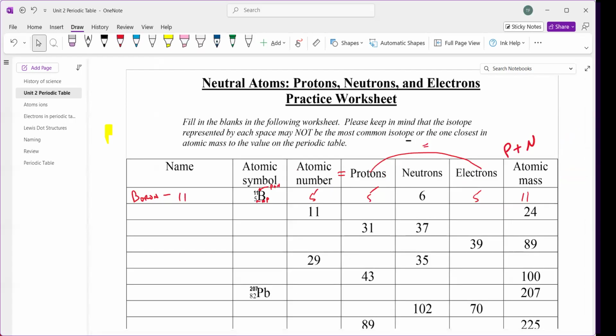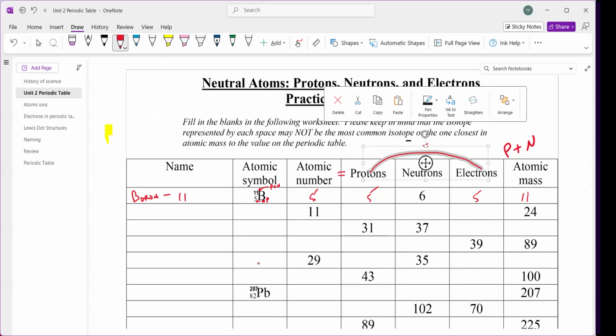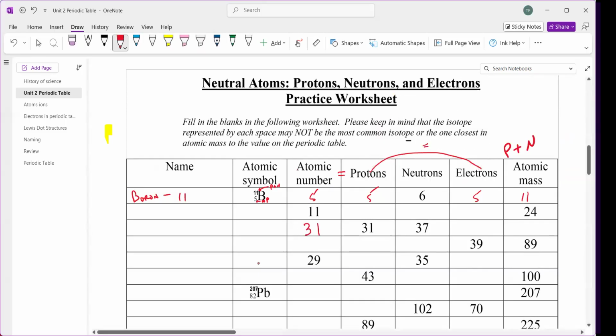Okay, so let's just choose one. Let's do 31. This one here. What's the atomic number for this one? What's the atomic mass? 68. So 31 plus 37 is 68. How many electrons? Because protons and electrons are always the same with neutral compounds.